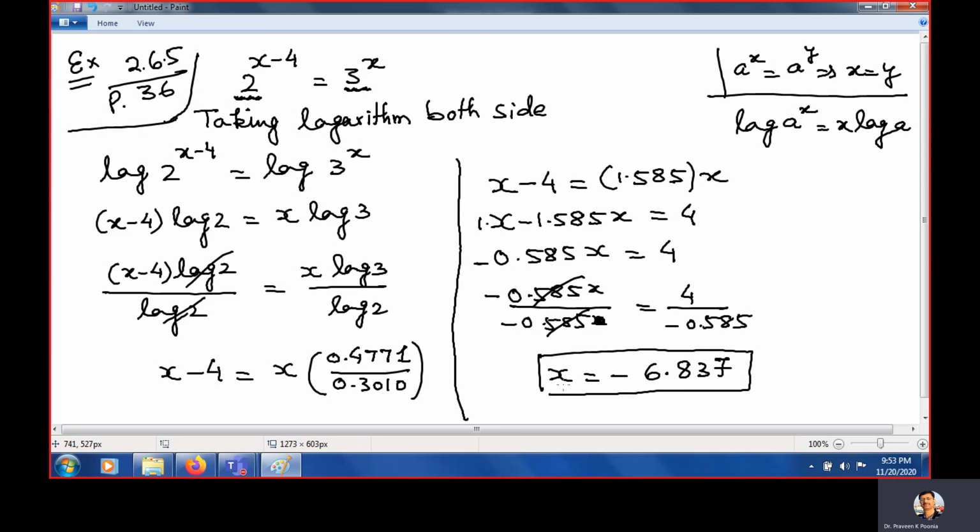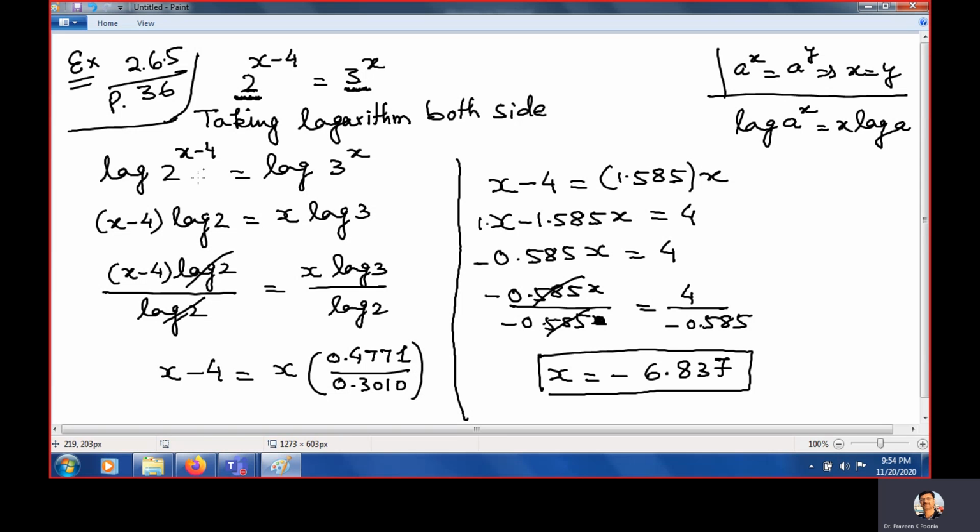Clear? So how is this problem different from other equations we have solved in the previous video? I think 8 or 9 examples we have finished, but in none of the examples do we have this type of condition where we have different bases. Generally we are making bases the same, but here it is not possible.